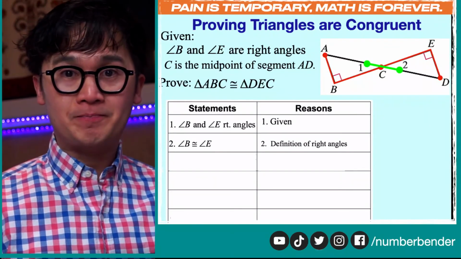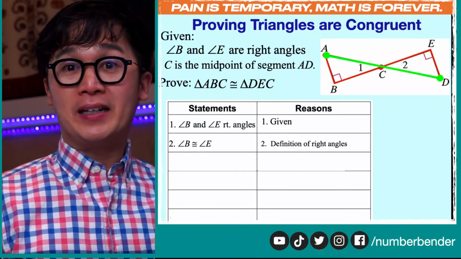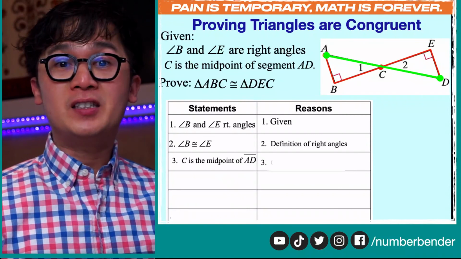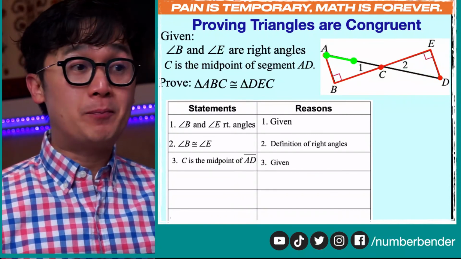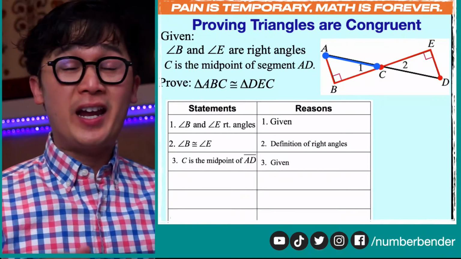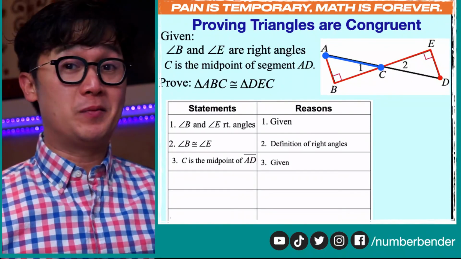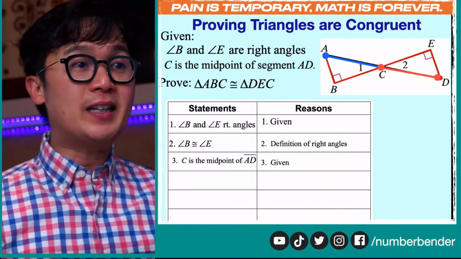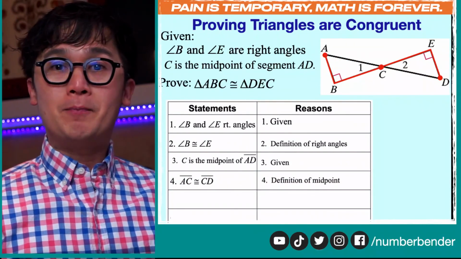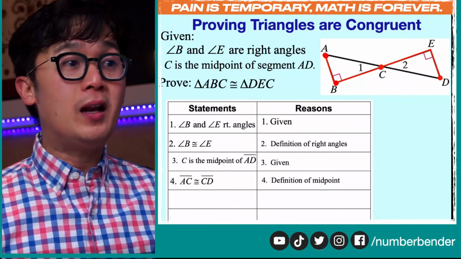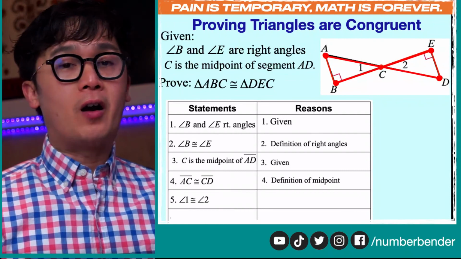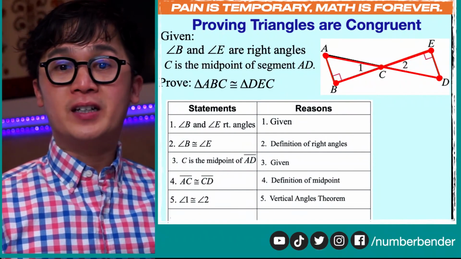So going back, we know that line segment AD is what we used to establish that C is our midpoint for line segment AD. And by doing so, line segment AC is congruent to line segment CD. And this is important because now we're able to establish the postulates that we have just covered a little while ago. And we can say that angle 1 and 2 are also congruent because of the vertical angles theorem.